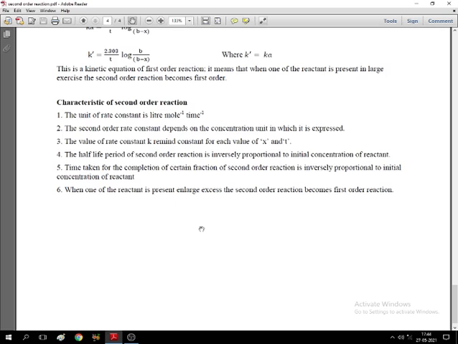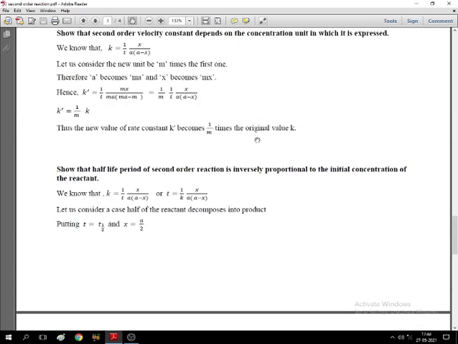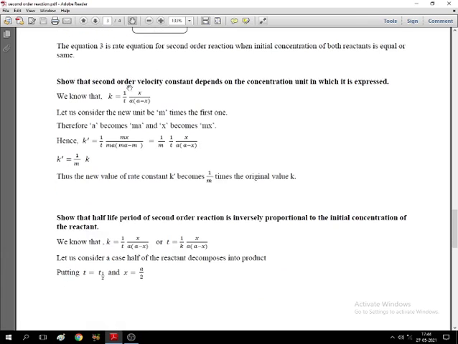Now on these characteristics sometimes a separate question is asked. Now let us see one by one. Show that the second order velocity constant or rate constant depends on the concentration unit in which it is expressed.